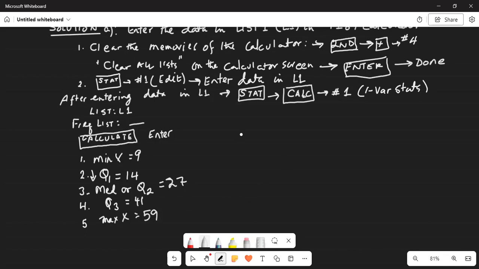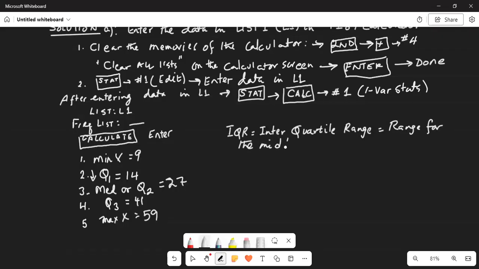So the first thing we are going to calculate is IQR, the interquartile range. Why? Because this gives the range of the middle 50% of the data, interquartile range. That is equal to range, that is maximum minus minimum, range for the middle 50% of the numbers.